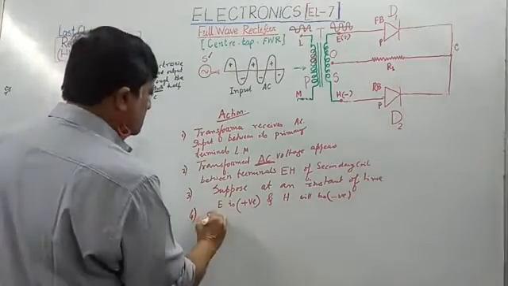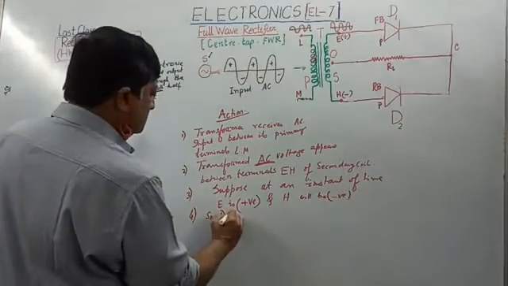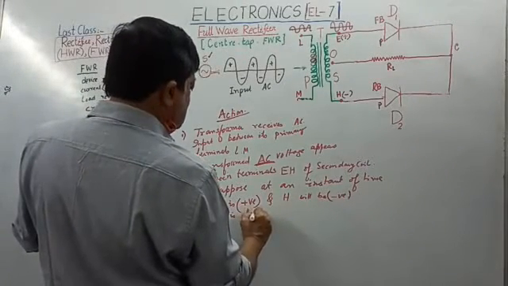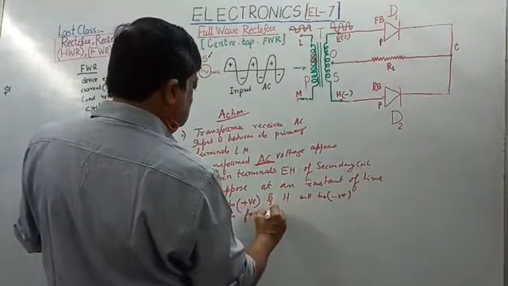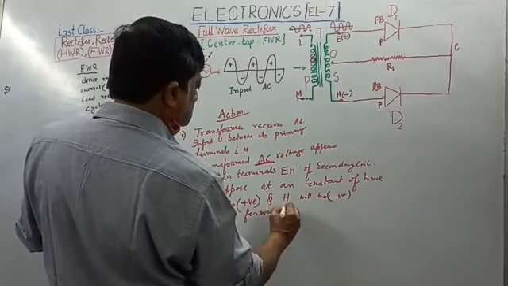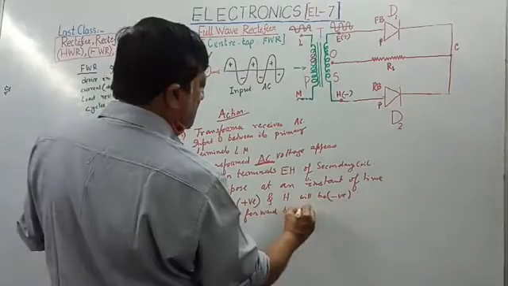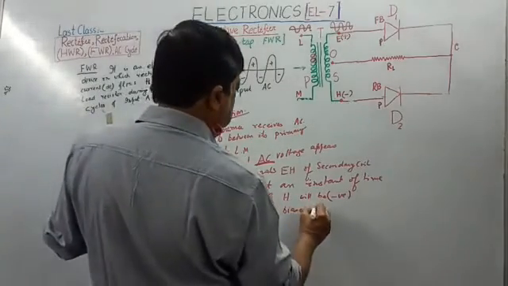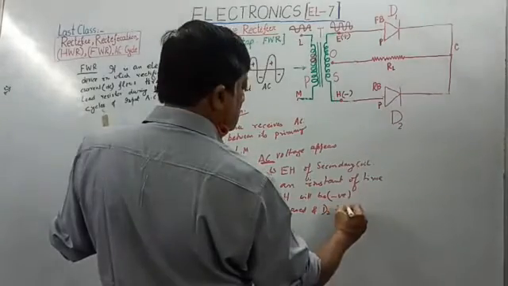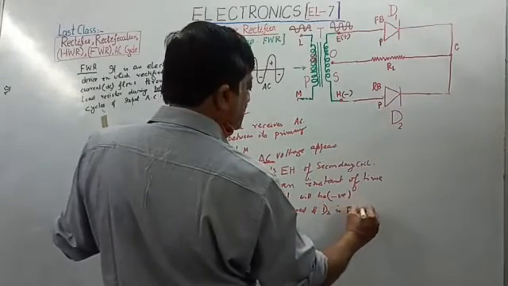So D1 is forward biased and D2 is reverse biased.